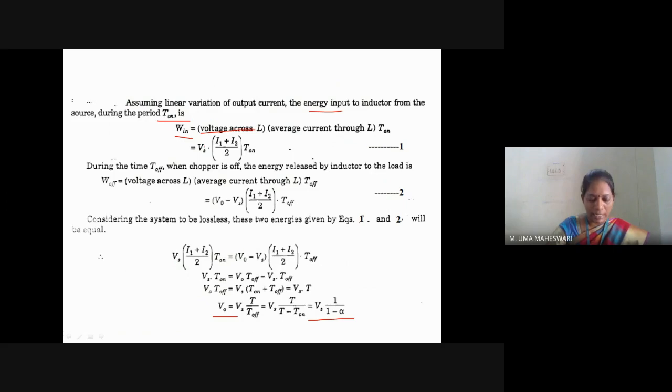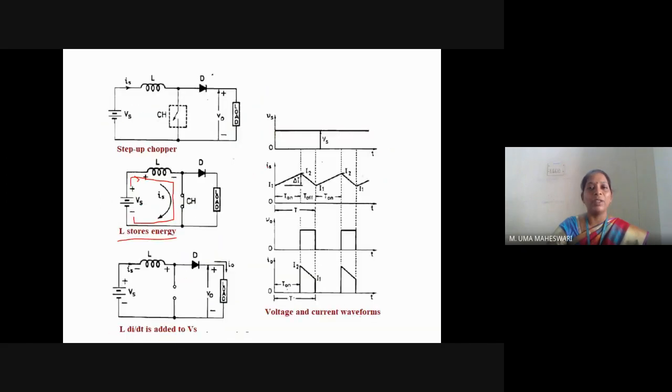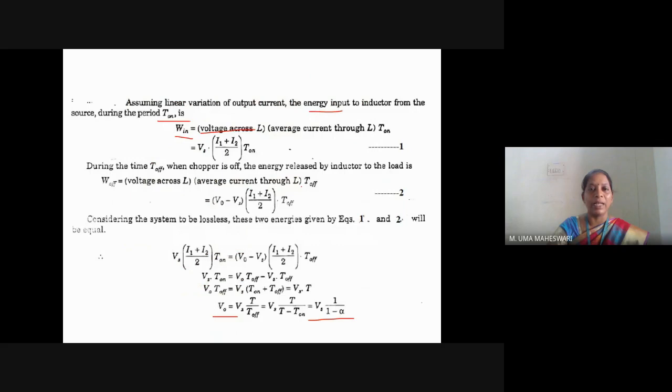The voltage across the inductor is the same as the source voltage, and the current through the inductor is I1 plus I2 by 2. You can see the current through the inductor is increasing in this manner, I1 plus I2 by 2, into the on period.